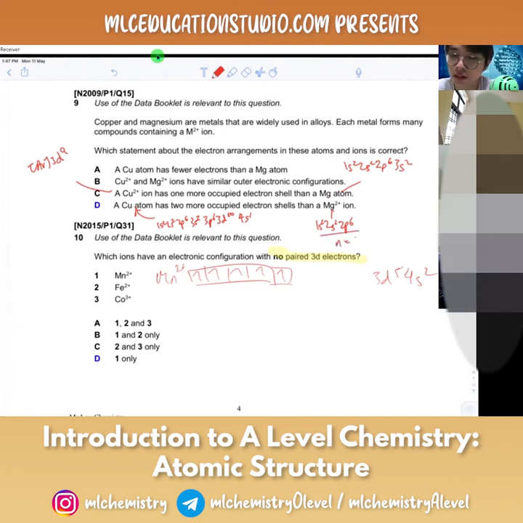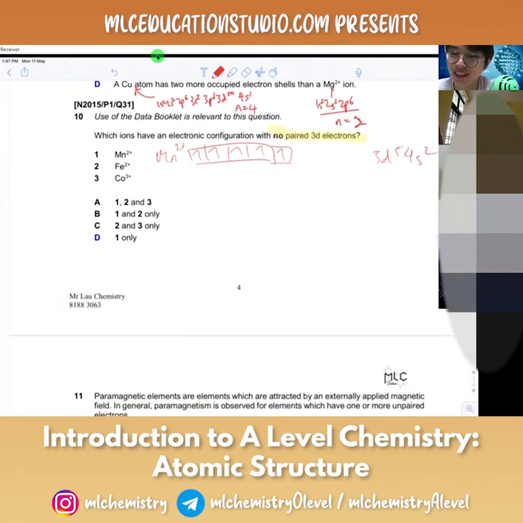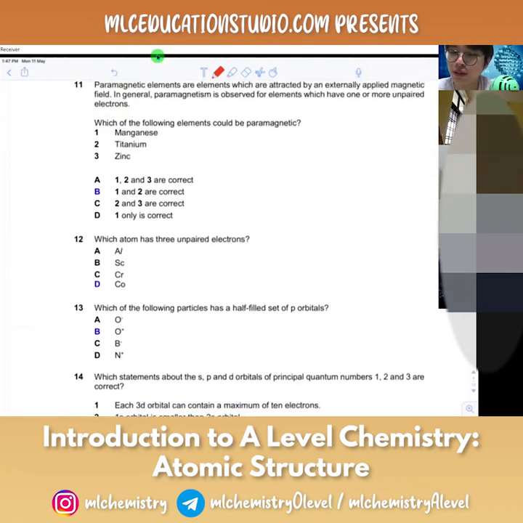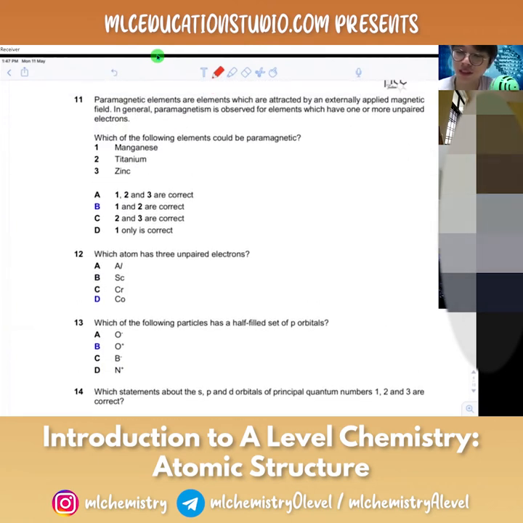Oh okay, I understand now, I didn't think of n equals to 2. This one fills n equals to 4. Because you anyhow do your configuration, I cannot read straight away from the periodic table. You must be able to do so. No compromise.